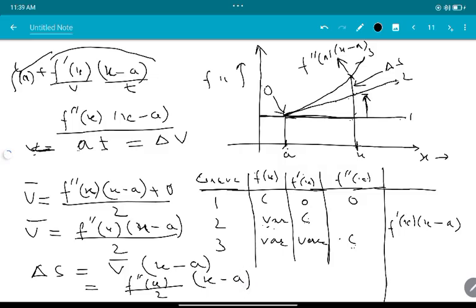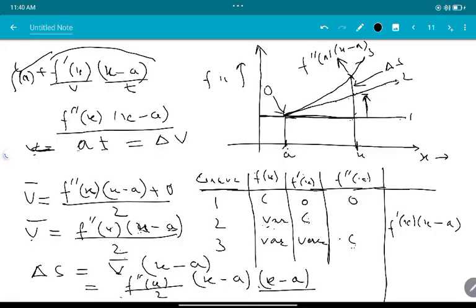Now multiply this by the interval x minus a. Once again, f double dash x divided by 2 into x minus a is the average velocity into the time interval.